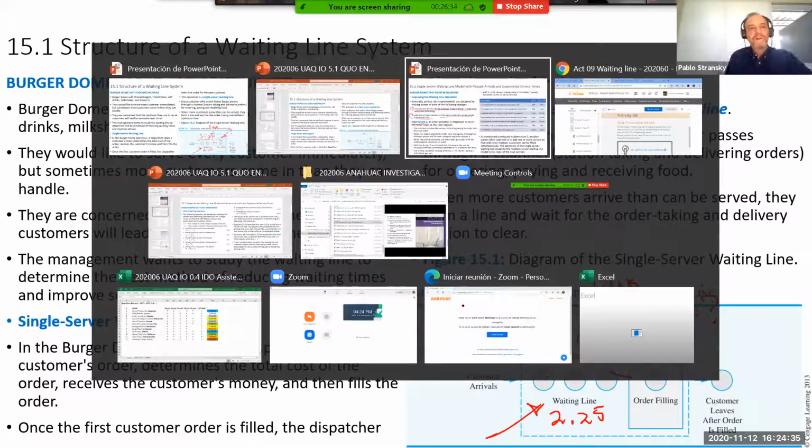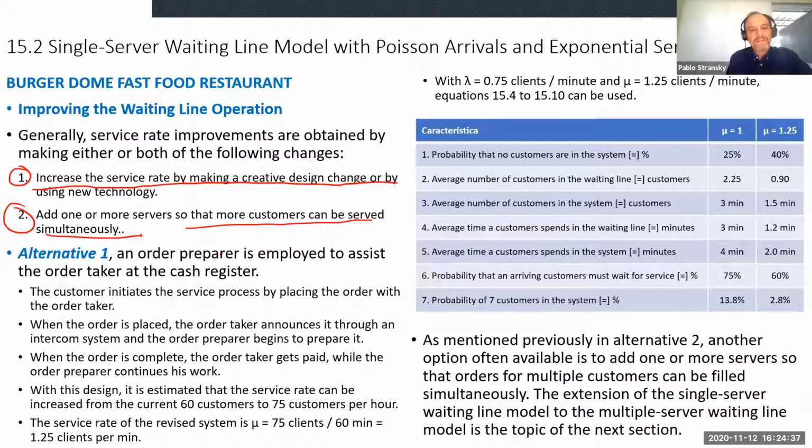So alternative one: an order preparer is employed to assist the order taker at the cash register, okay? The customer initiates the service process by placing the order with the order taker, okay? When the order is placed, the order taker announces it through an intercom system and the order preparer begins to prepare it, okay?